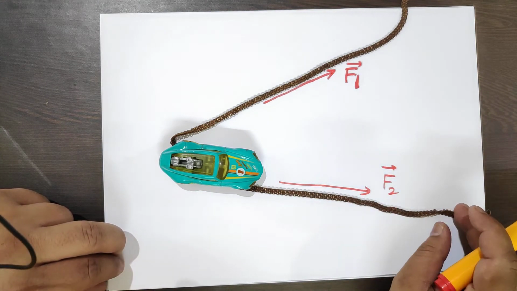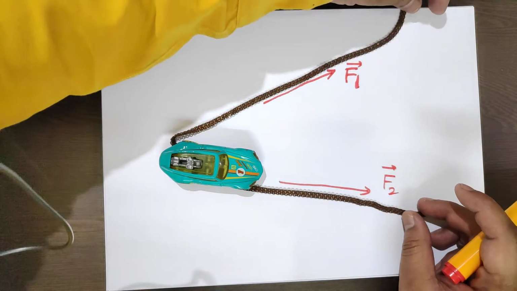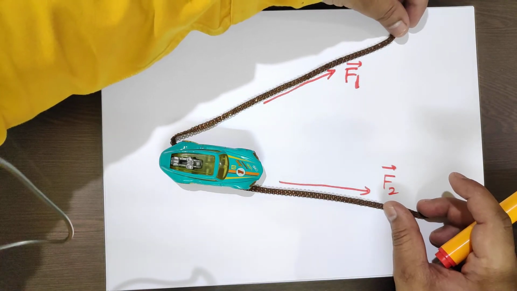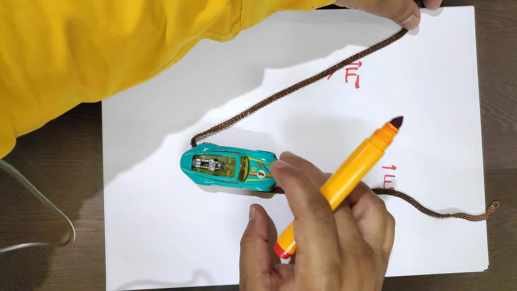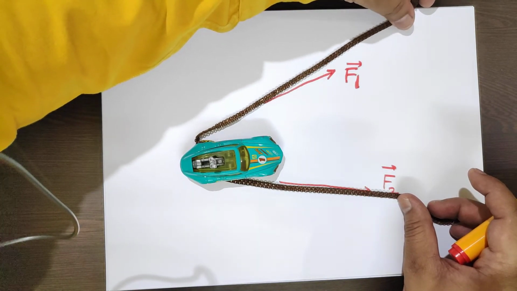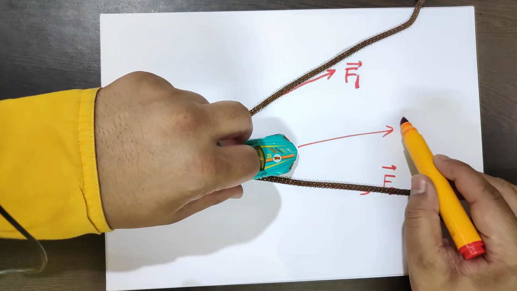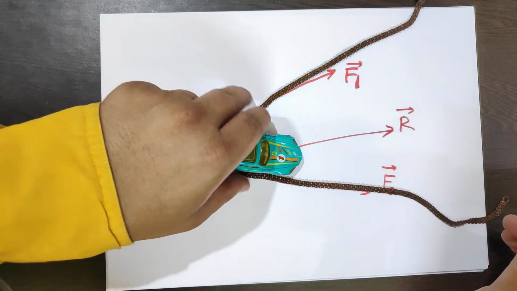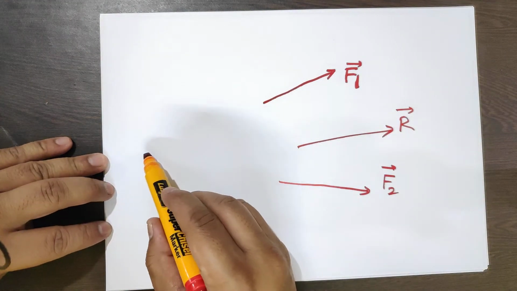Okay, so you can find the vector sum of these forces. Which way is the car going due to these two forces at this moment? It goes in this direction. So this is the resultant vector, and this is how you can add the forces.